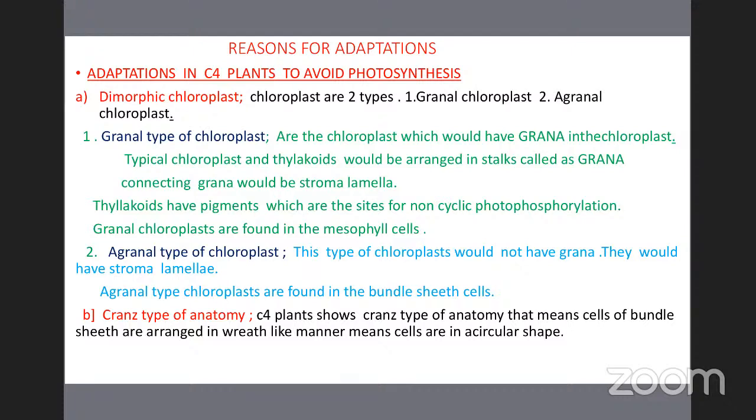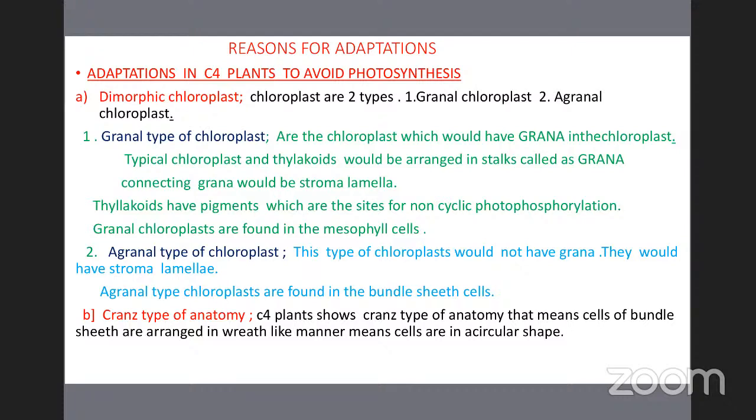So this type of chloroplast would not have grana, they would have only stroma lamellae, and they are found in bundle sheath cells. And this agranule type of chloroplasts are suitable sites for C3 cycle.